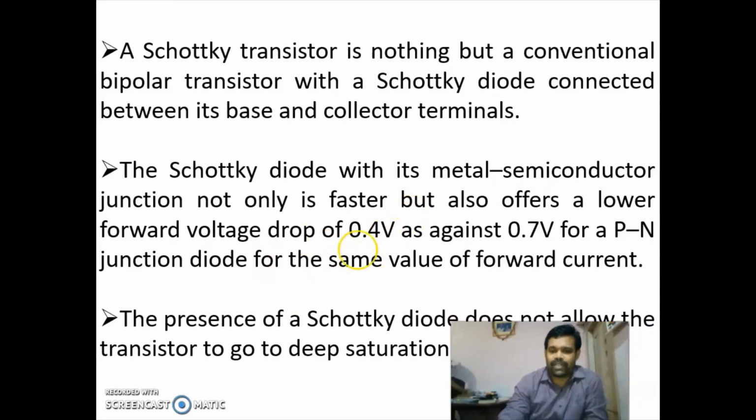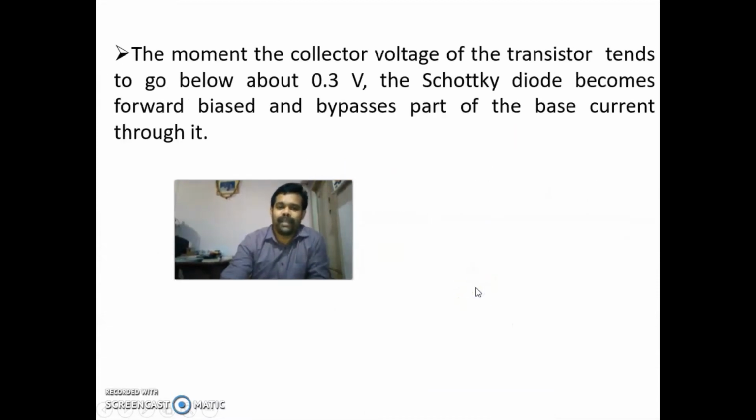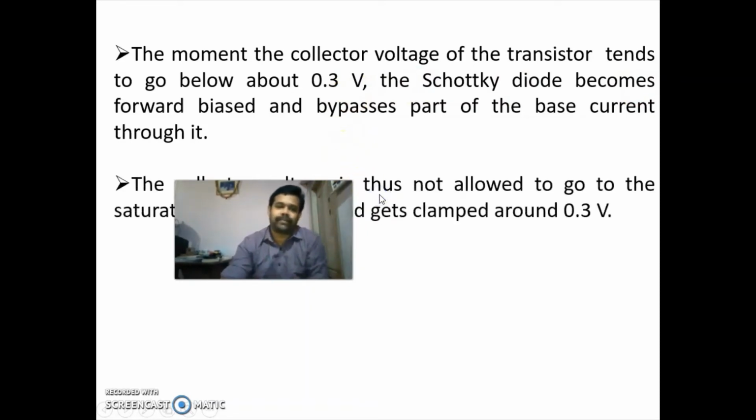The presence of the Schottky diode does not allow the transistor to go into deep saturation. The moment the collector voltage of the transistor tends to go below 0.3 volt, the Schottky diode becomes forward biased and bypasses part of the base current through it.